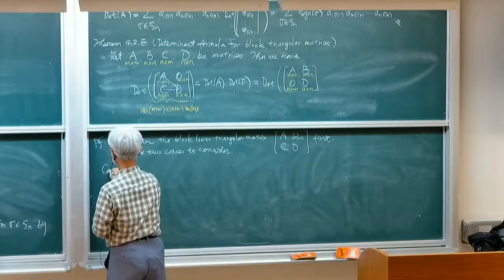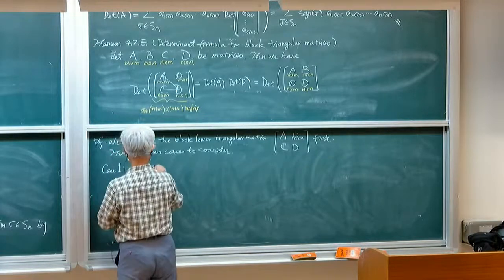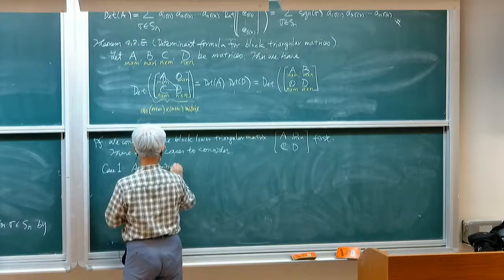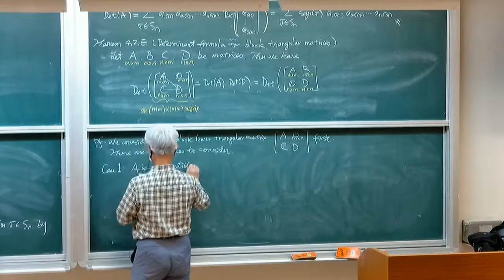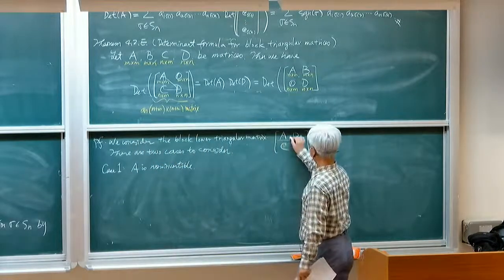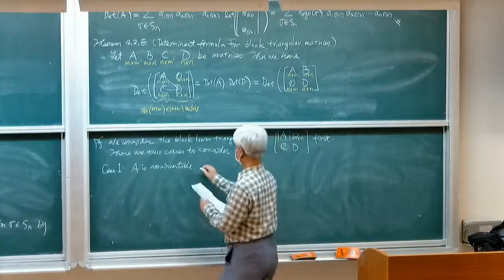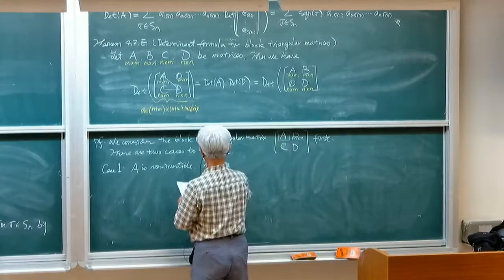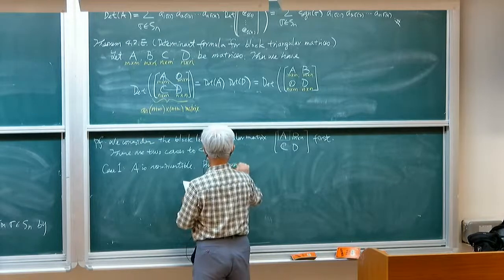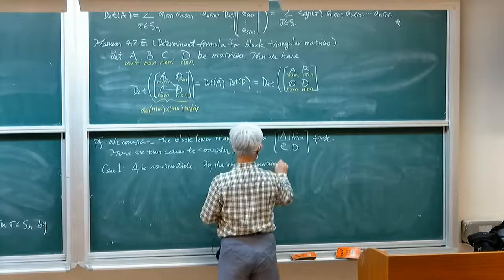Case 1, A is non-invertible, right? Okay, so A is non-invertible here by the invertible matrix theorem in chapter 3.